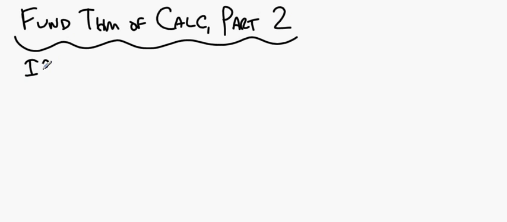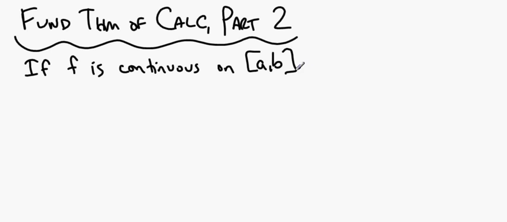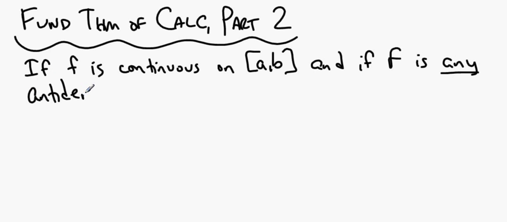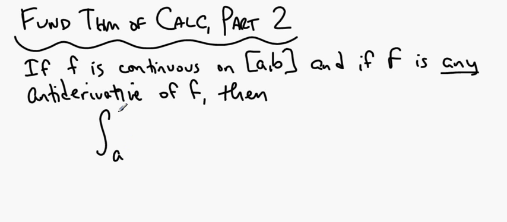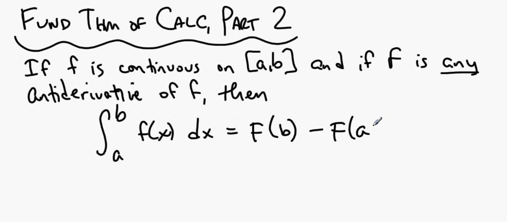And it says like this: if f is continuous on the closed interval ab, and if capital F is any antiderivative of little f, then the integral from a to b of little f of x dx is capital F evaluated at b minus capital F evaluated at a.